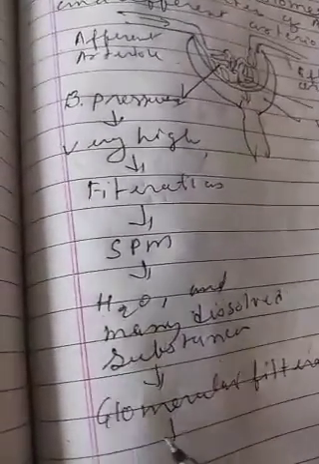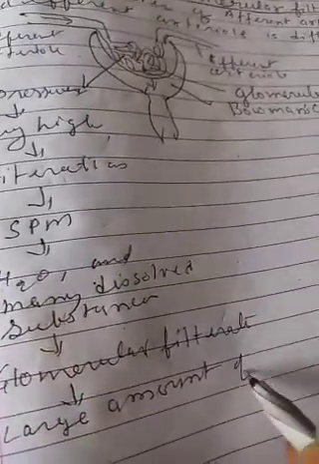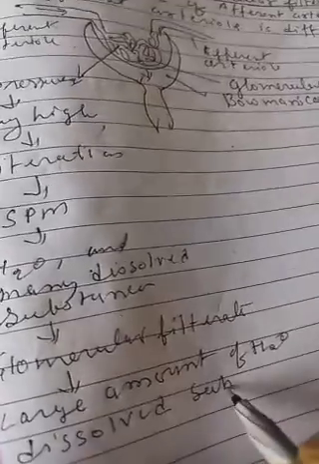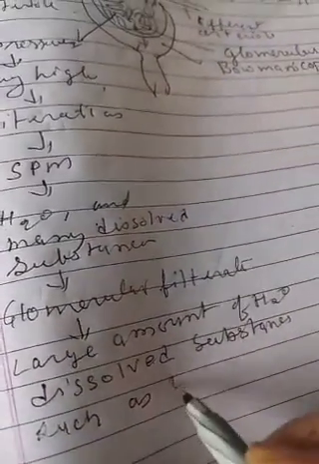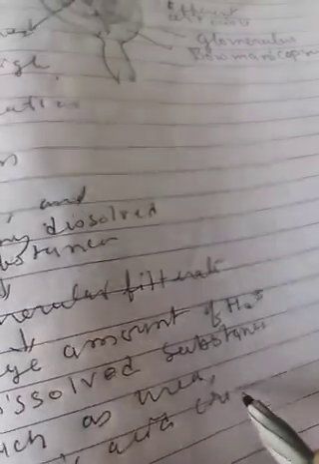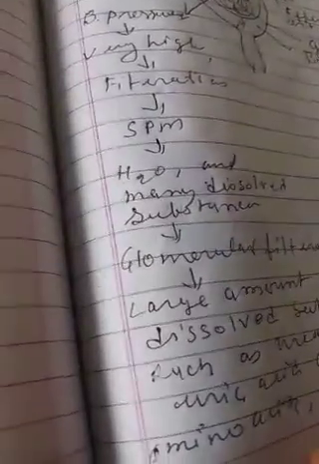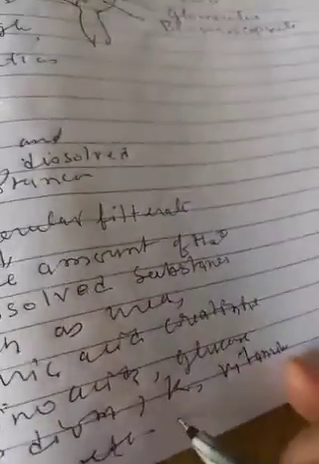In this filtrate, a large amount of water and dissolved substances such as urea, uric acid, creatinine, amino acids, glucose, sodium, potassium, vitamins, etc. are present.